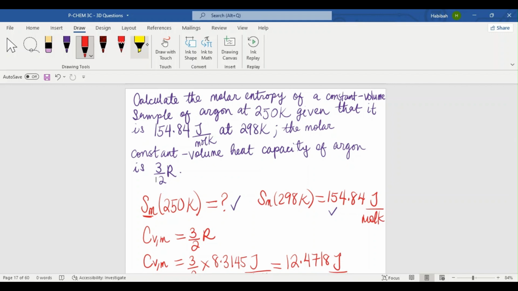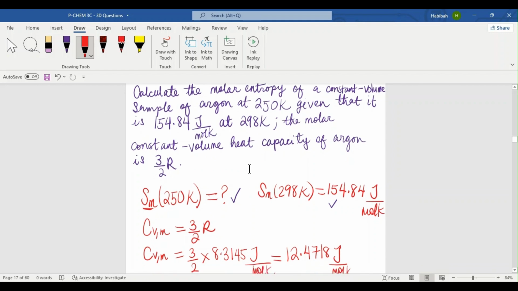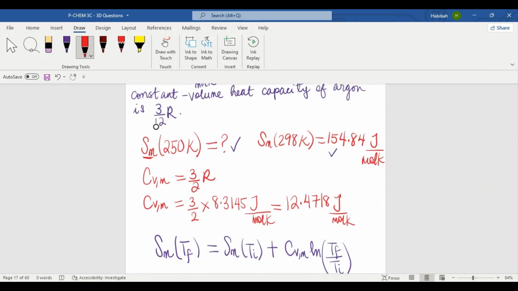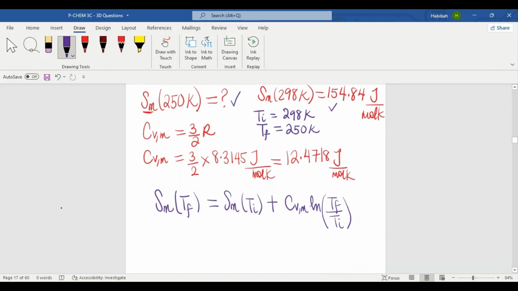When they said given that it is 154.84 at 298 Kelvin, that is indirectly telling us that T initial is actually 298 Kelvin. So we can write that here: T initial is going to be 298 Kelvin. And then the temperature that we're given later on is going to be the final temperature, which is 250 Kelvin, and we're supposed to calculate the answer for that. So anyways, that's basically how it's done.